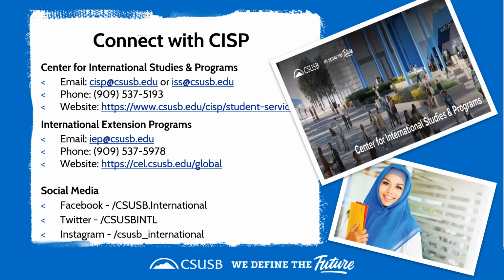For international extension programs, please feel free to email them at iep@csusb.edu or call them directly at 909-537-5978. Keep a close watch out on social media. We post a lot of our programs there on Facebook, Twitter, and Instagram. If you have any questions, please feel free to contact our office at any time.